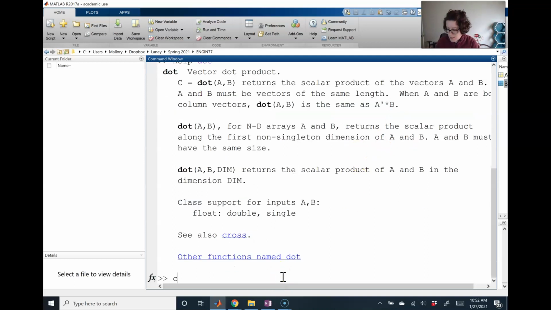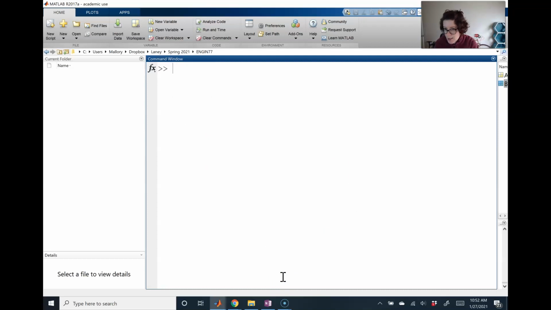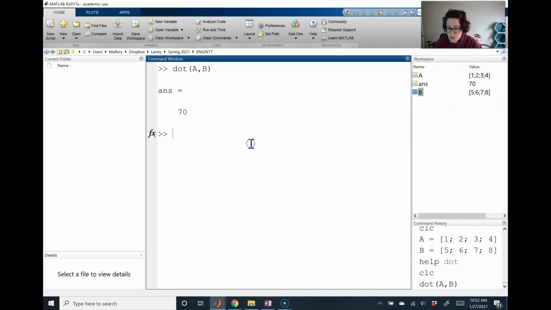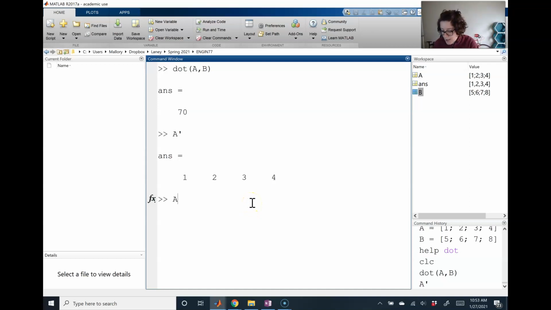So let's look at this. We have the dot of a, b is 70. Let's look at the transpose. So a transpose is 1, 2, 3, 4. It's just taken the column vector and made it a row vector. So we can do a transpose times b, and that gives us that same answer, 70.